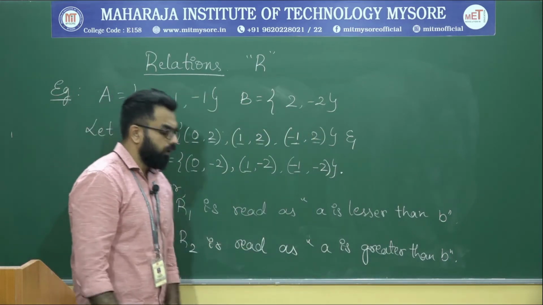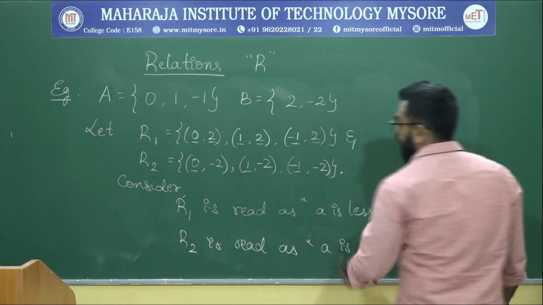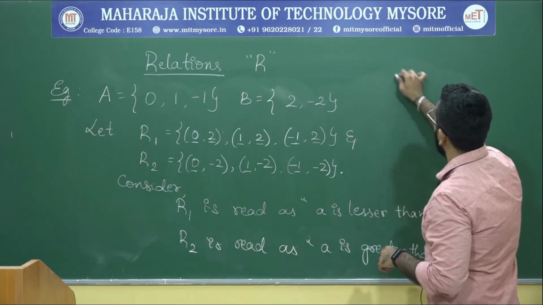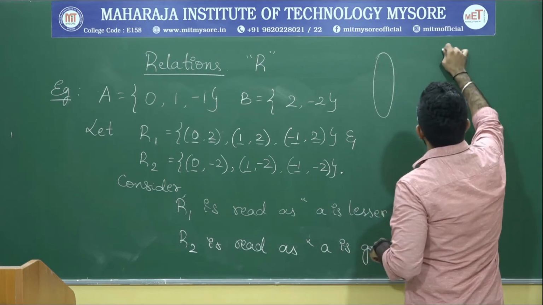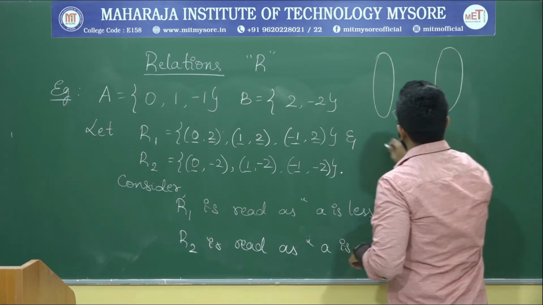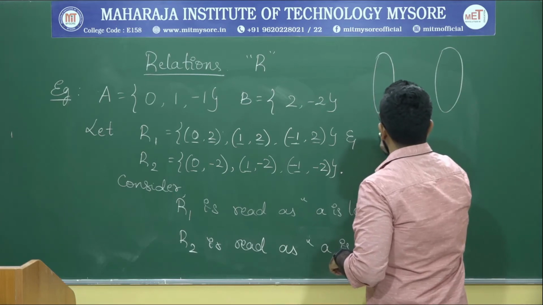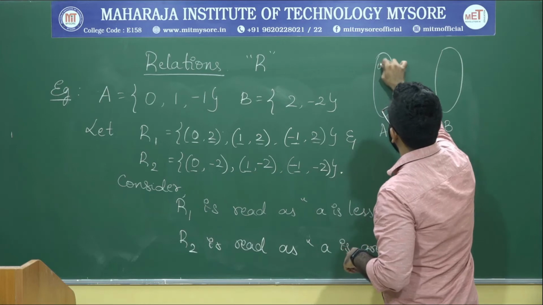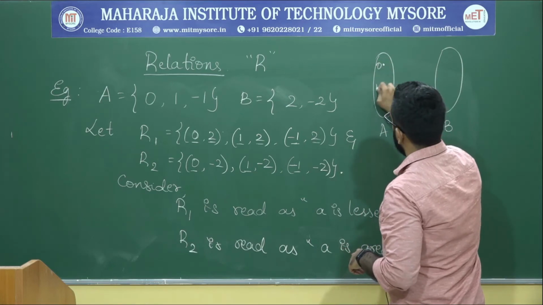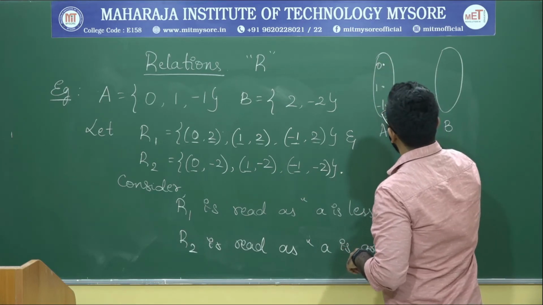Accepted? Now, we can write the same relations with the help of an arrow diagram also. We will try to write that. Let us consider this as A, this as B, and I have three elements here, 0, 1, minus 1.